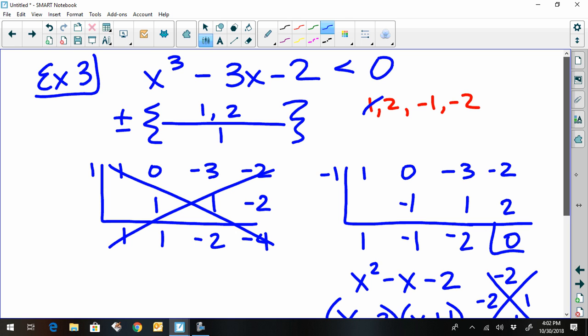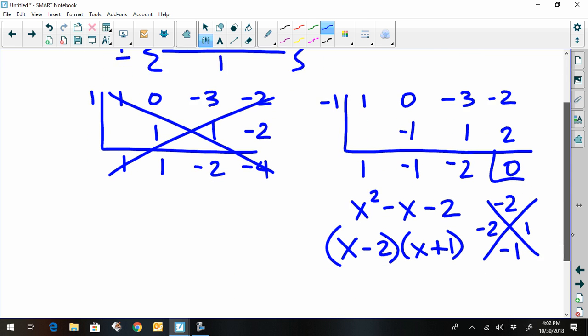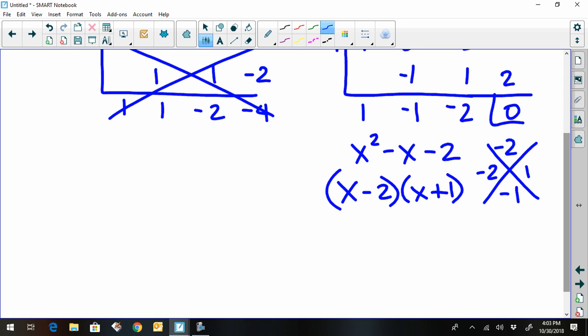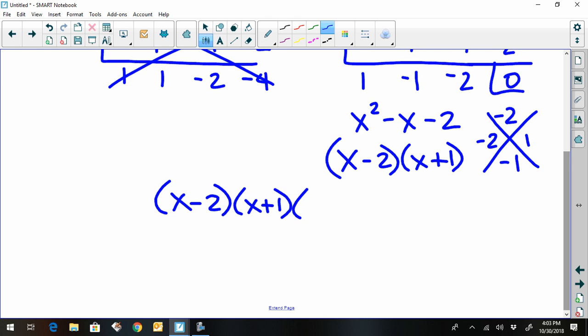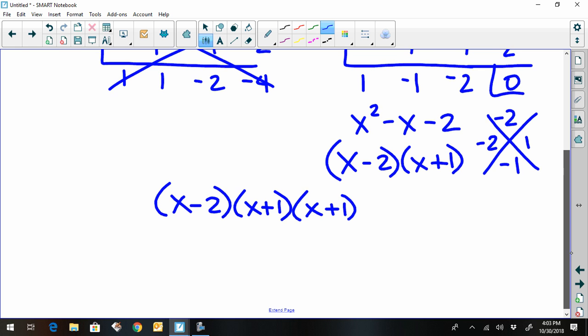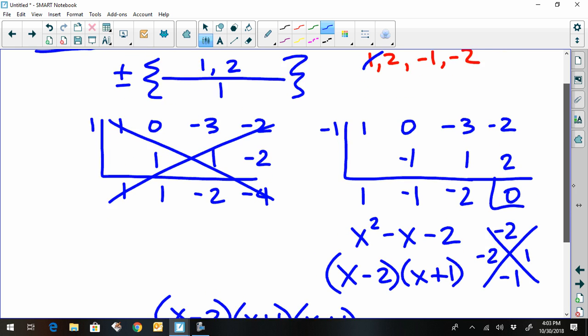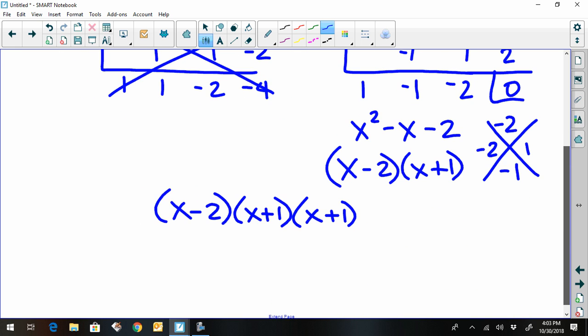Here was our original polynomial. We found our zeros here. So our factored form, we would have x minus 2, x plus 1, and we had a 0 of negative 1 before, so that would be a factor of x plus 1 also. And we want to see when this is less than 0.